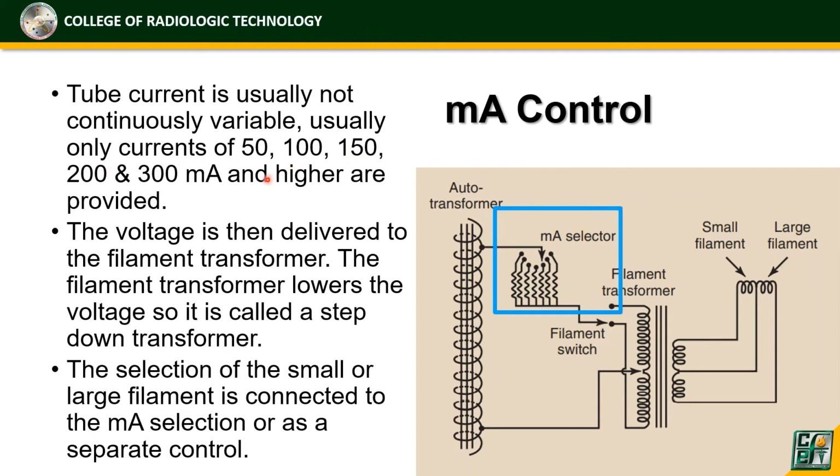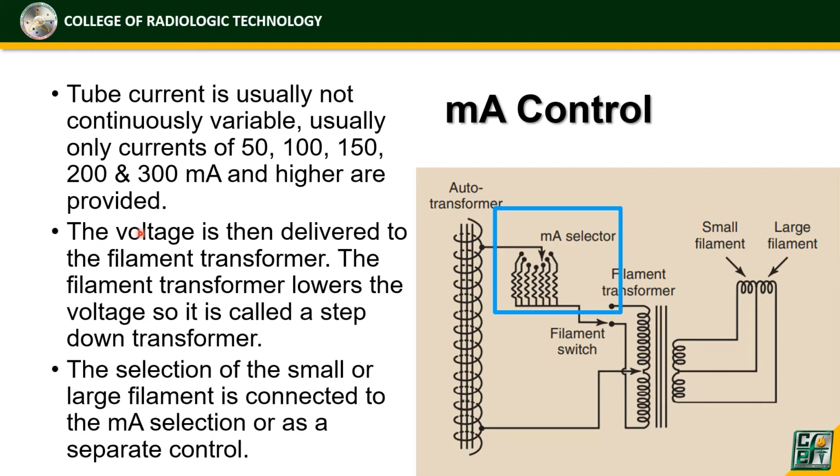Usually, they are only represented by certain currents of 50, 100, 150, 200, and 300 MA or higher if they are provided by the manufacturer. Okay, so ito lang yung ating pamimilian. And then after selecting this, we will be choosing the time in order for us to have the MAS.